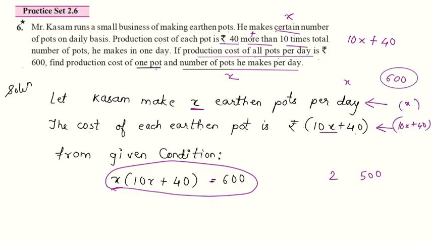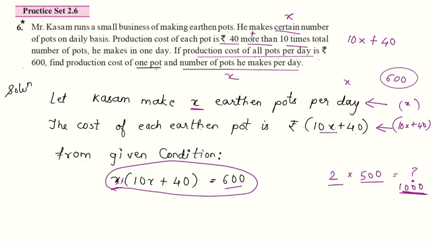Then how do I get the total production cost of both pots? If I multiply 2 into 500, I will get 1000. This is the total production cost. That is the reason I multiplied the number of pots by the production cost of each pot to get the total production cost he is paying.